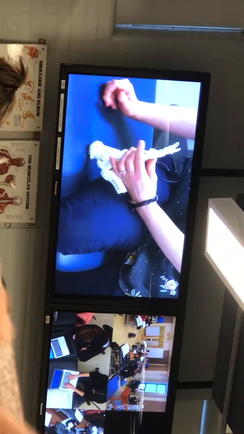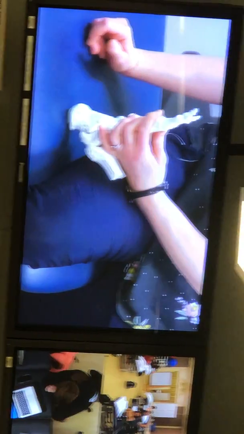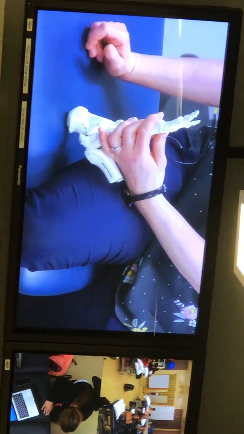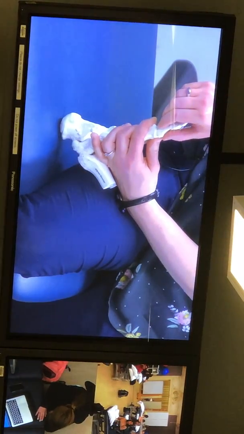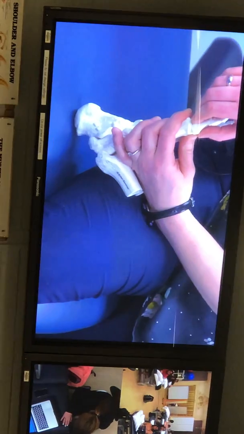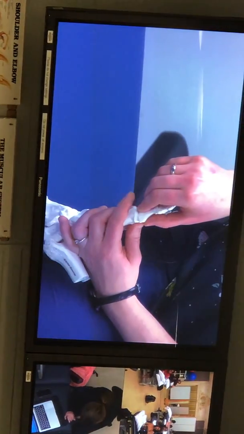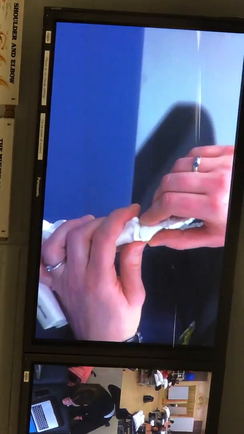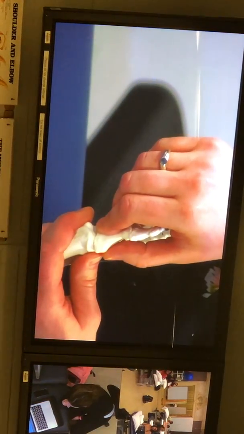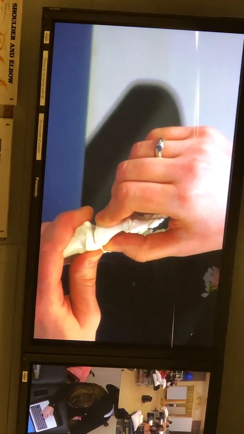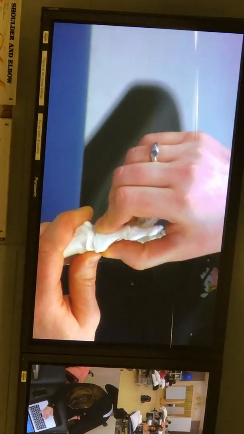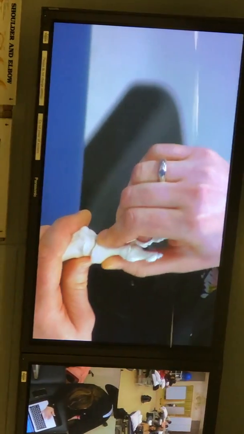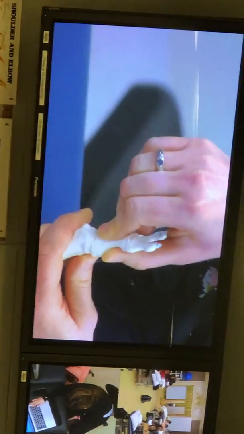Just as usual, you stabilize the proximal bone, but you want to be as close as possible to the joint. Then I take my distal bone, also as close as possible to the joint. Resting position of the MTP is slight extension, so I can do just a little bit of extension. Then I do a plantar glide and assess neutral zone, R1, R2, and then a dorsal glide, neutral zone, R1, R2.